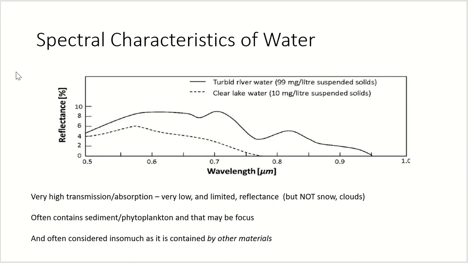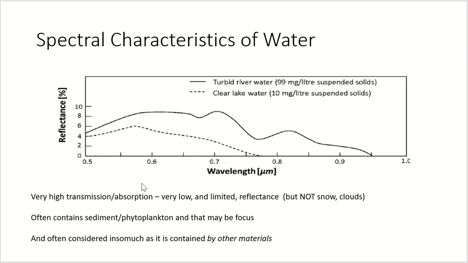Going to water. Water has very high transmission absorption of energy and very low and limited reflectance. And so by low, I mean a small percent of the incident energy is reflected. So you see here the vertical axis goes from 0 to 10 only. And by limited, I mean in certain wavelengths, you're not going to see any reflectance.